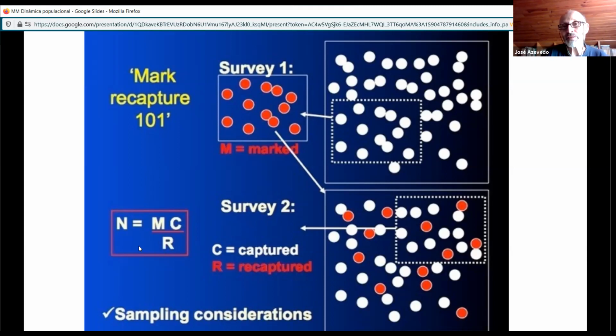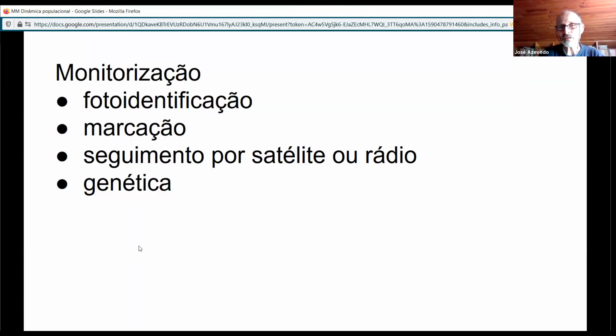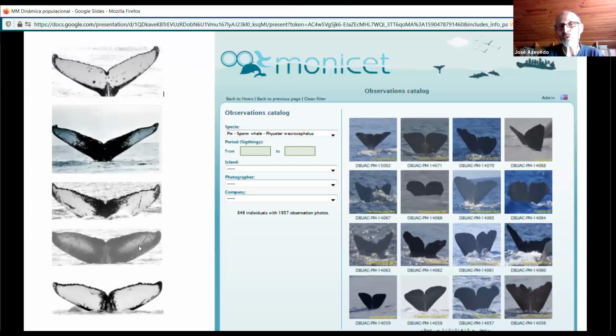Okay, so the thing is, we cannot capture whales and tag them. So we'll see, well, let me move on. The way you do this is by photo identification, right? So photo identification data sets have been used as a development of mark recapture methods, where people use the resightings of the same animal to estimate the total population.